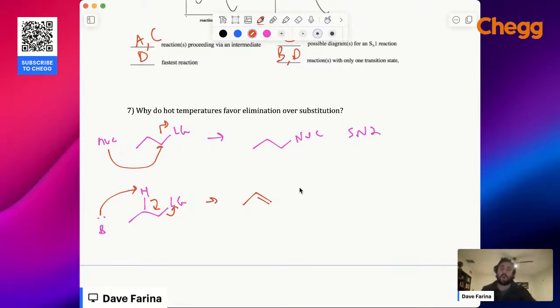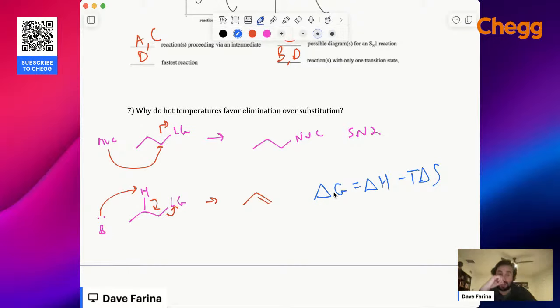So why would a hot temperature favor elimination over substitution? So this is the important equation, the Gibbs free energy equation. Delta G is change in Gibbs free energy. It determines the spontaneity of a reaction. So if delta G is negative, it is spontaneous or exergonic.